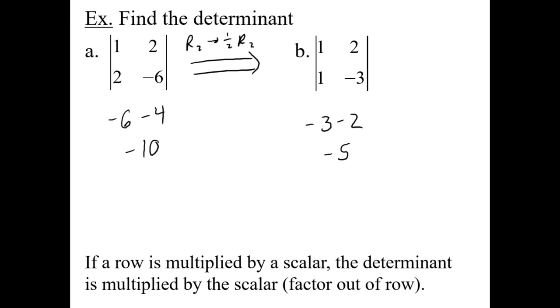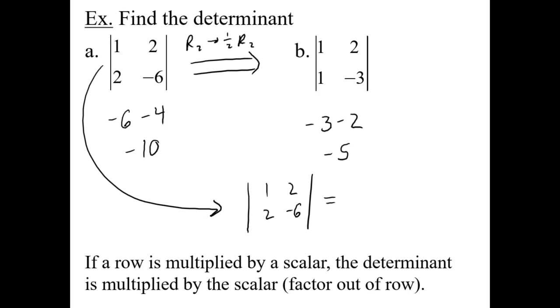Okay, now factor out of row. I just want to explain one way to think about this. If I were to take that 1, 2, 2, -6, I'm going to notice at the bottom row, I can factor out a 2. So if I pull out that 2, I'm going to be left with 1, 2, 1, -3. The one on the left here, we got a determinant of -10.